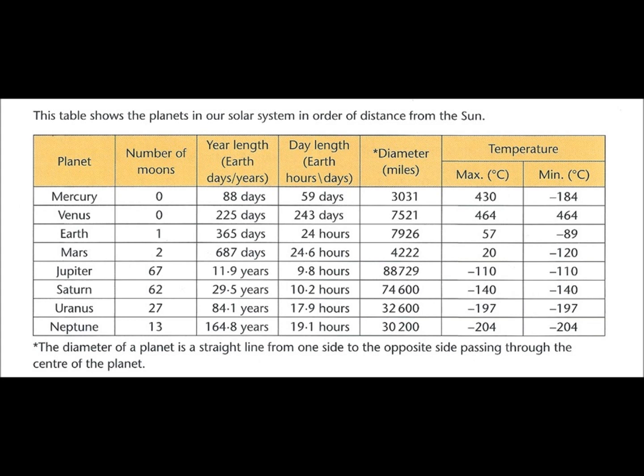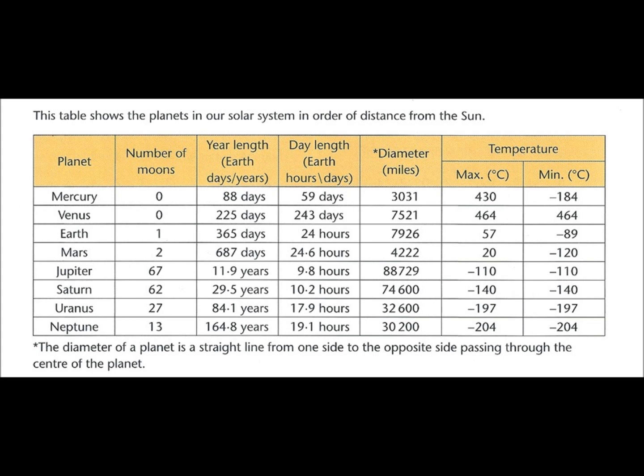Minus 89, minus 120, minus 110, minus 140, minus 197, minus 204 degrees Celsius. So the coldest planet would be the minus 204 degrees, which is Neptune, because minus 204 is furthest away from 0. It's the coldest temperature, the smallest value in that column.